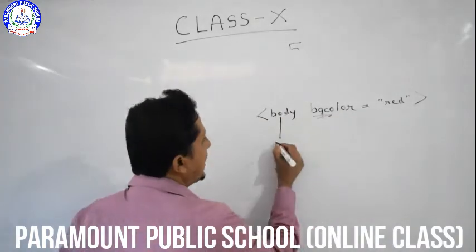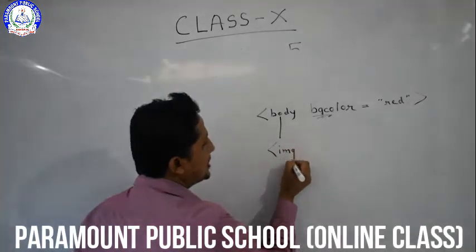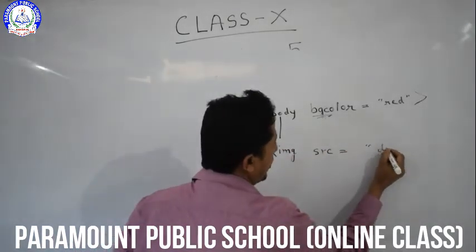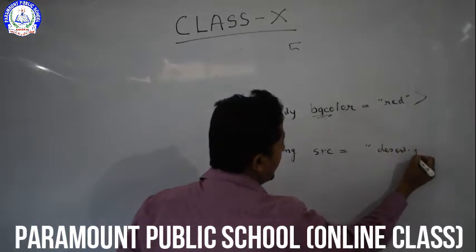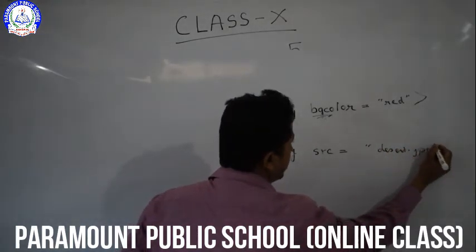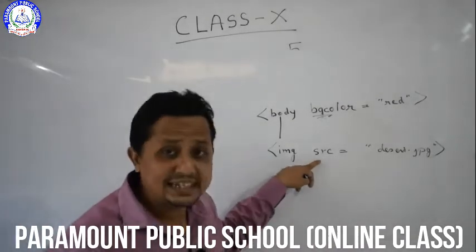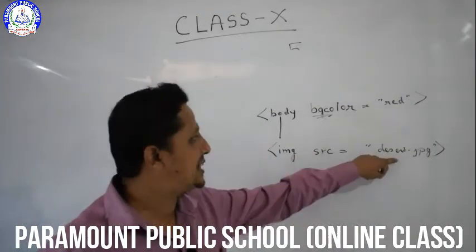Another example I am giving, img src is equal to, say, desert.jpg. Now here img is the tag. What is src? Src is the attribute, and this is the value.